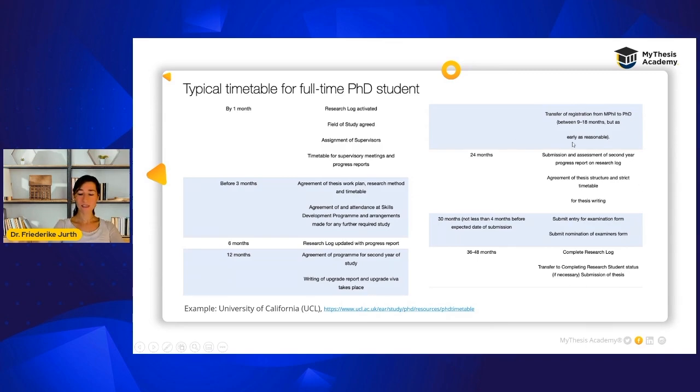In the second year, it will be requested that you submit and assess your second year progress report on the research log, and that you have an agreement of the thesis structure and a strict timetable for thesis writing.